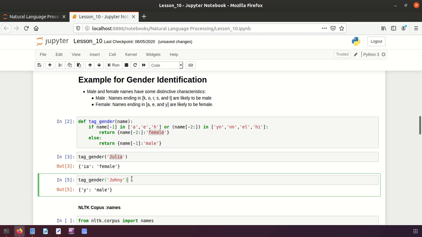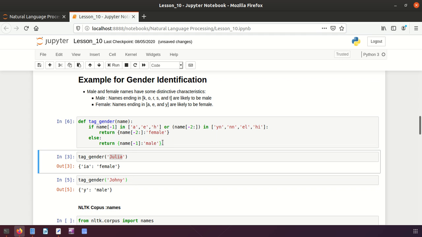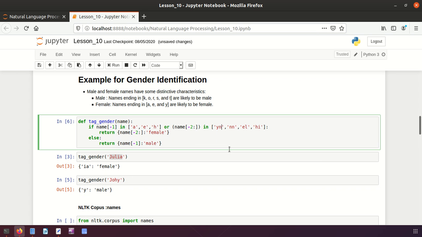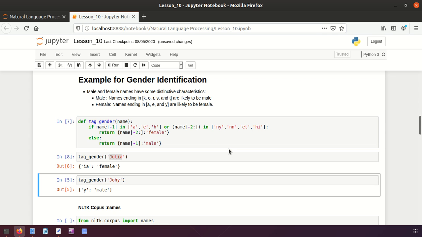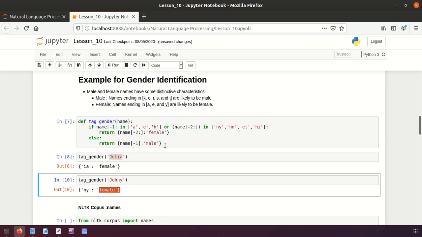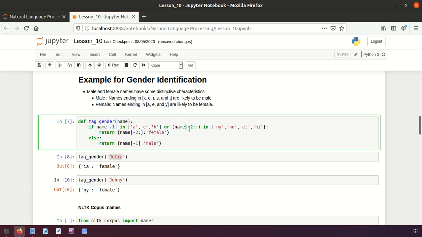Sorry, first this one needs to be executed. Sorry, it is not Y. Let me change this one to NY. It is better. And now you see here what we have. Johnny, let me change it. Yeah, now it is female. So it is taking the decision based on the last single letter or double letters.